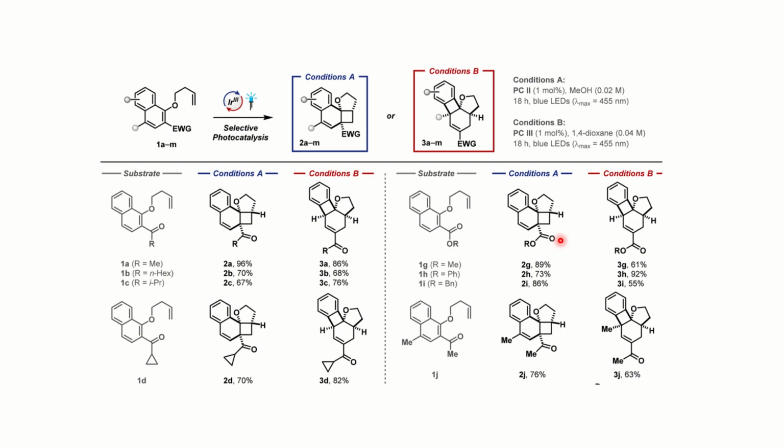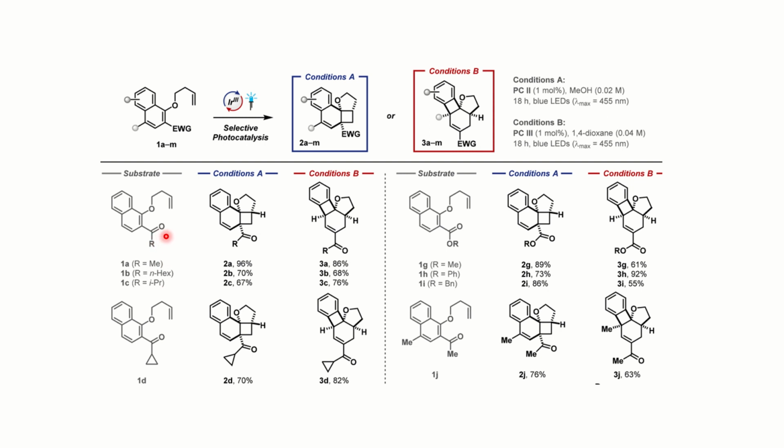All right, let's move on to the scope. How many types of examples have been shown in the paper? So there are not many. I have presented four substrates here, a 4 by 3, 12 example scope.